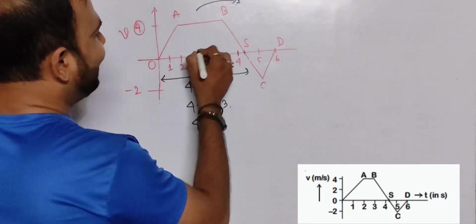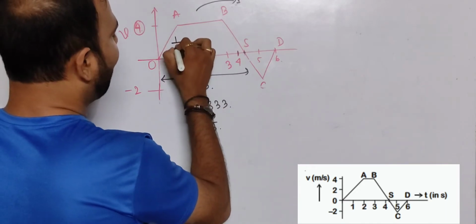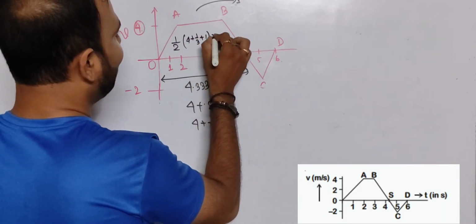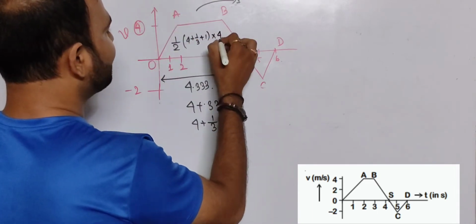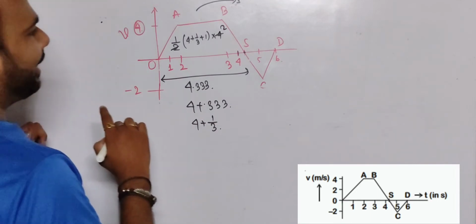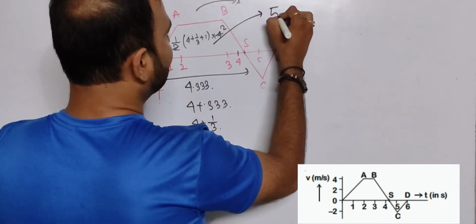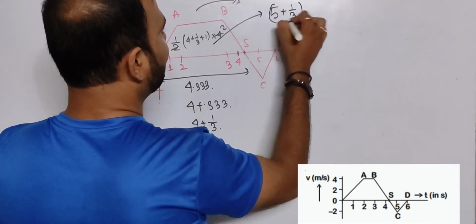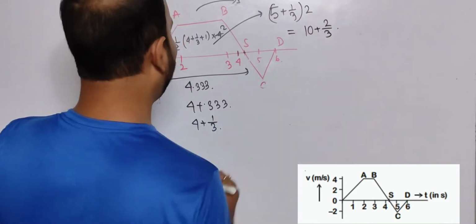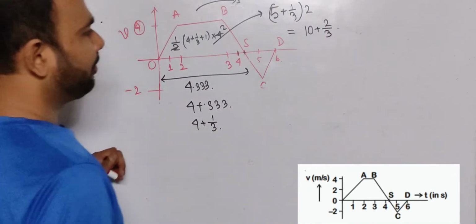Okay, what is the area of this section? Half into sum of the parallel sides, 4 plus 1 by 3 plus 1, into height. Height of this is 4. If you cancel out, this is 2, 5 plus 1 by 3 into 2. So 10 plus 2 by 3 is the area of the trapezium.